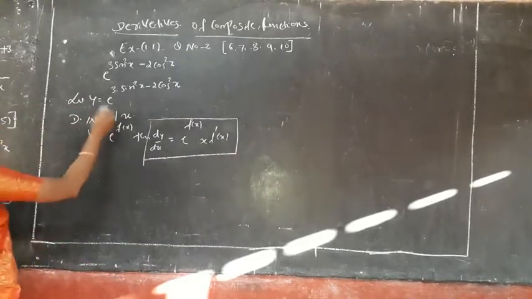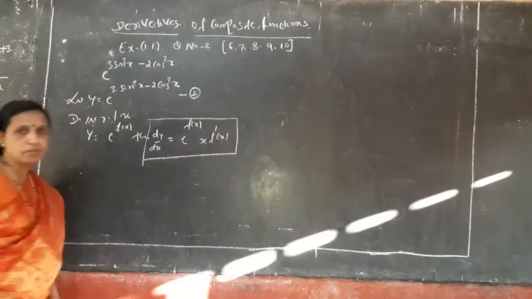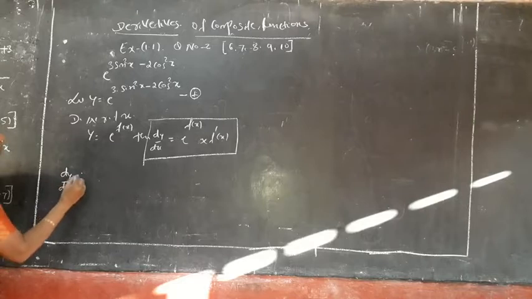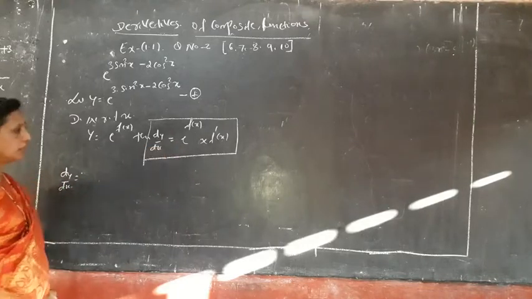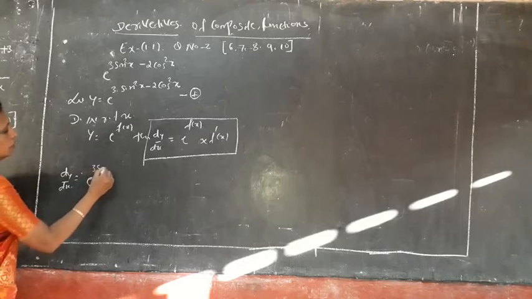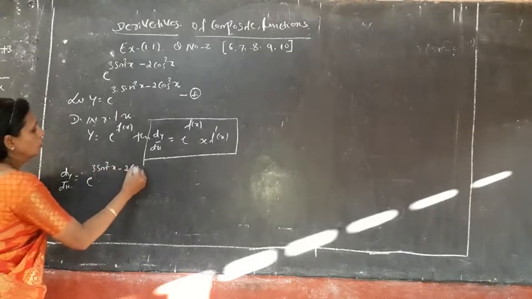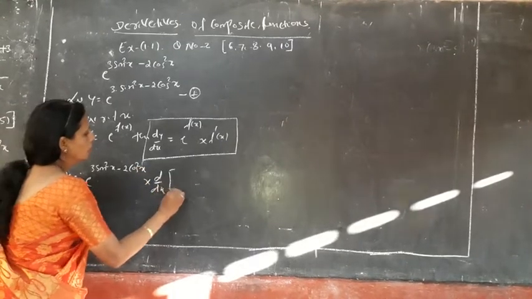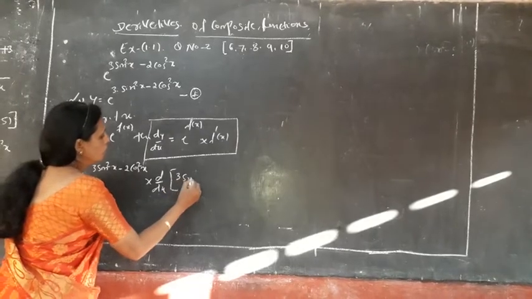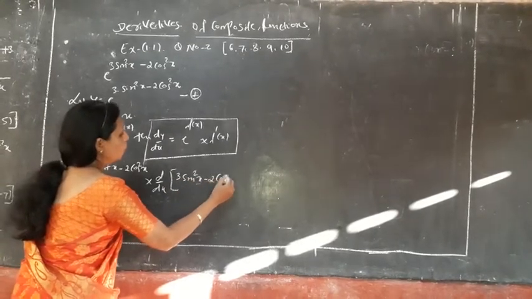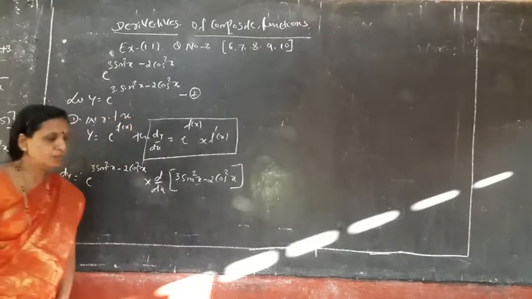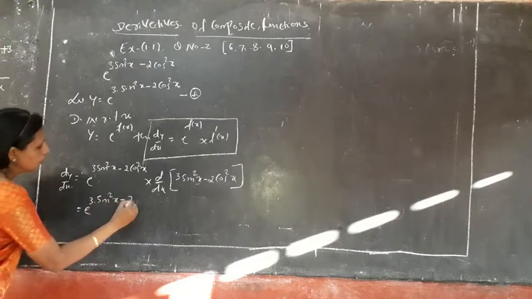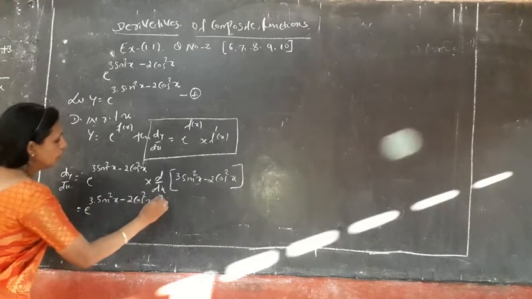So differentiating this equation first with respect to x, we get dy upon dx equal to, first put e raised to f of x as it is, e raised to 3 sin square x minus 2 cos square x into differentiation of 3 sin square x minus 2 cos square x.